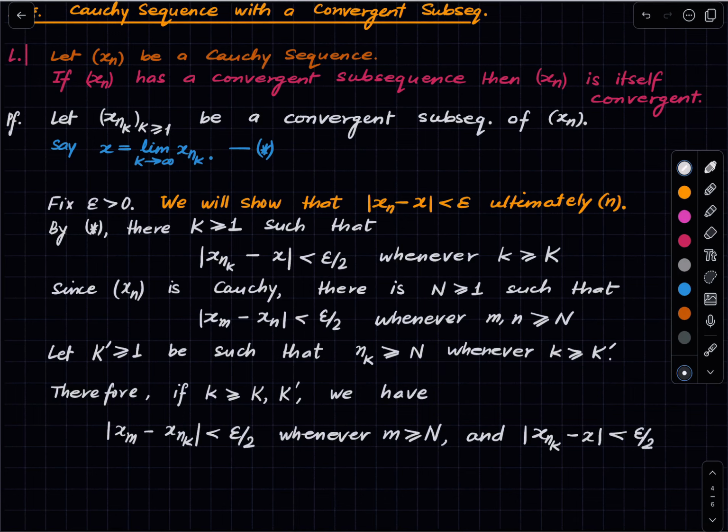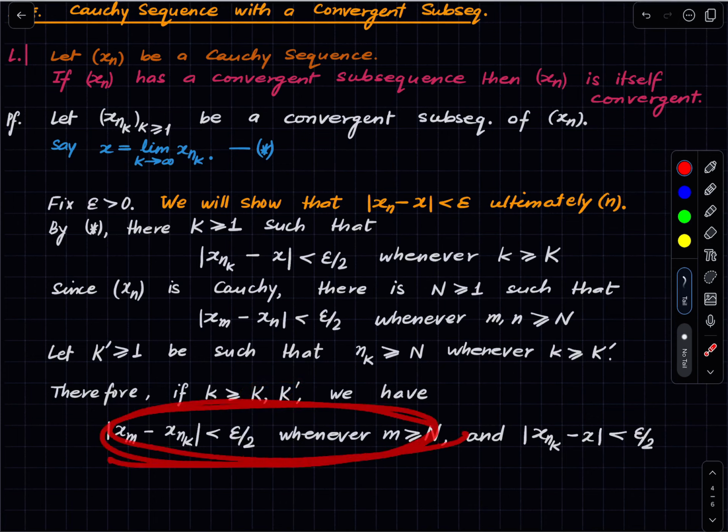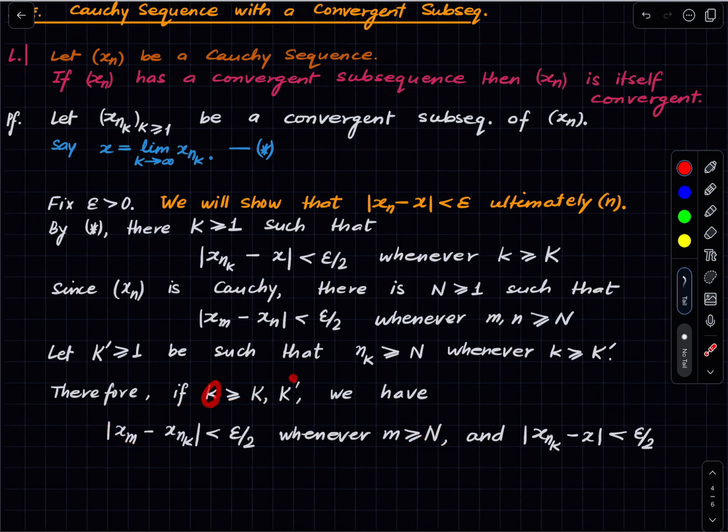Let me justify the statement. Whenever k is at least both of them, meaning it is at least the maximum of these two things, this happens. Why? Because if k is at least that much, n_k is at least capital N, as written over here.